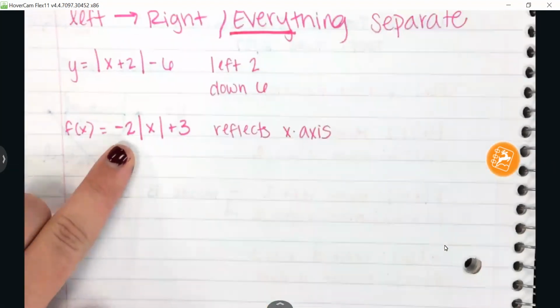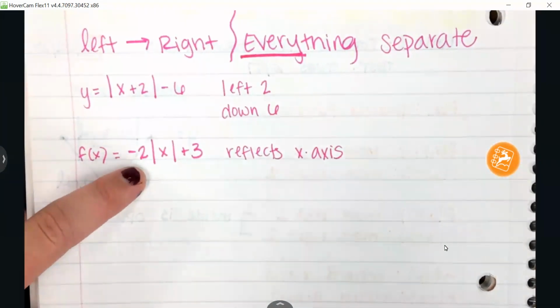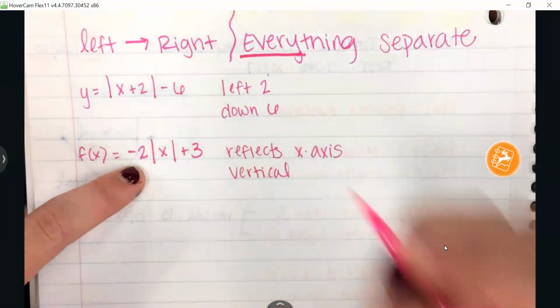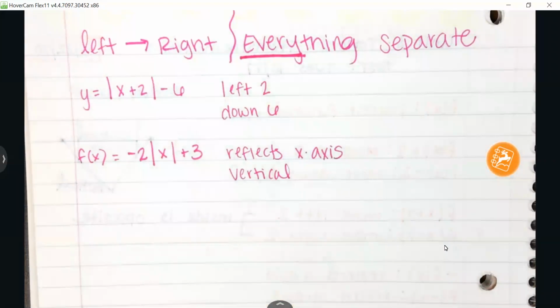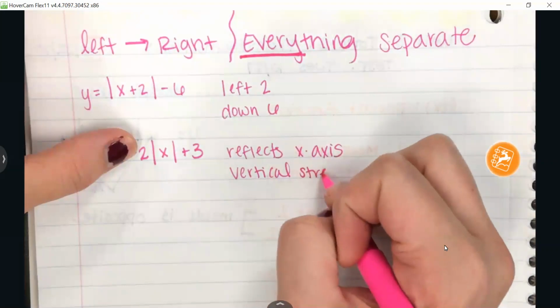I have a 2 on the outside. Is that vertical or horizontal? That's vertical. Why is it vertical? Because it's located where? Outside. Is it a stretch or a compress? Why is it a stretch? Because it's greater than 1. 2 is greater than 1, so it's a vertical stretch.